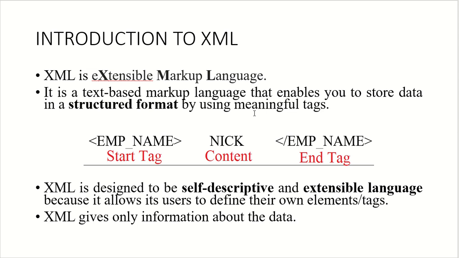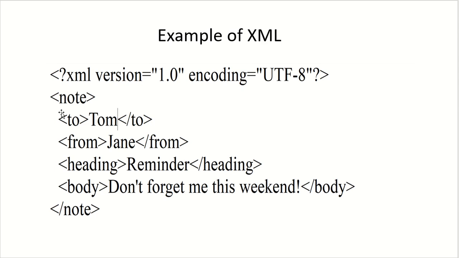But this is a bit advanced. For now we will understand that XML itself will have a structure that contains one tag, and under those tags we have many different tags.